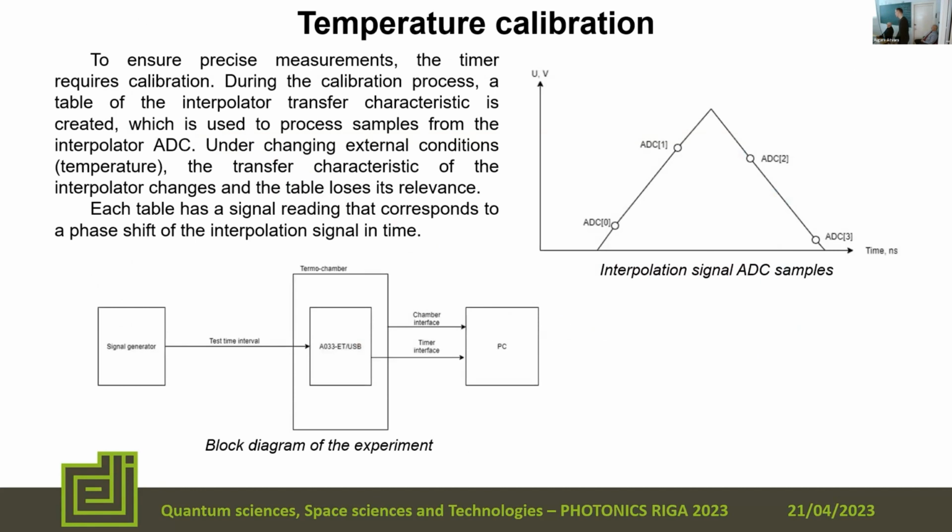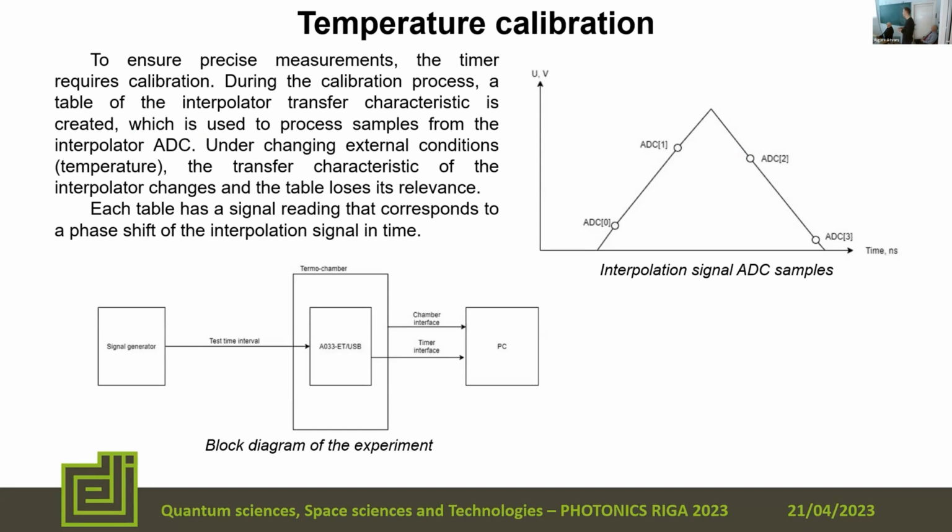And so, since we did this experiment, we had an idea. We knew what the errors were in different temperatures, and so we had to calibrate our device for it to be precise in different temperatures.